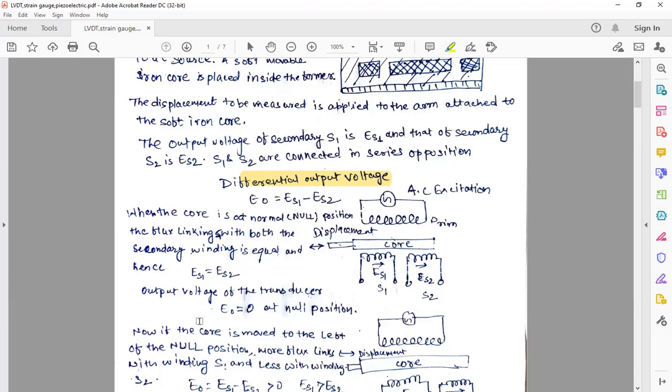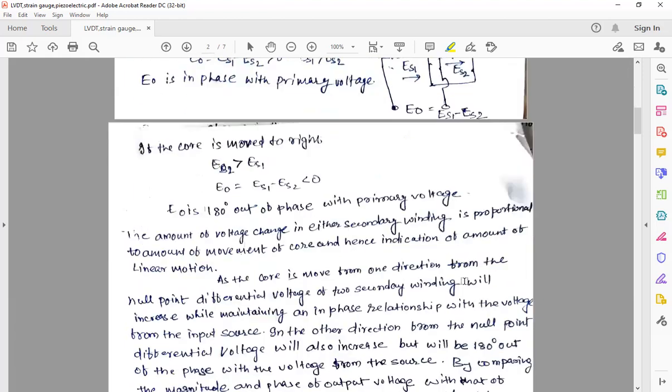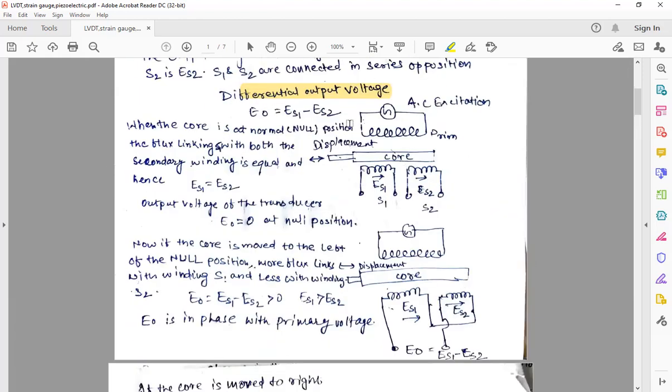Because of the transformer core, it is not used for a 1 meter displacement or a 1 kilometer displacement. It is used for a fractional change in displacement, in the range of millimeters to a few centimeters. Okay, because there is a fractional change in the transformer core.